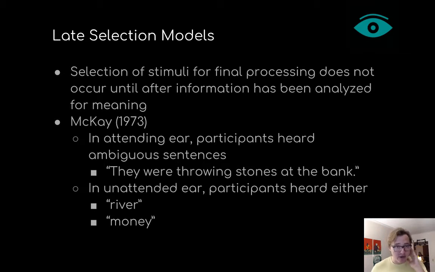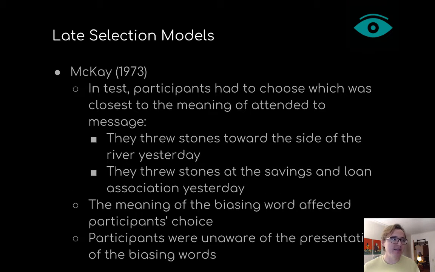In the unattended ear, however, some participants heard the word river and some participants heard the word money. So what McKay found was that when they were tested later on as to what they remembered, they tended toward choosing the unambiguous sentence that was the closest in meaning to the word in their unattended ear.